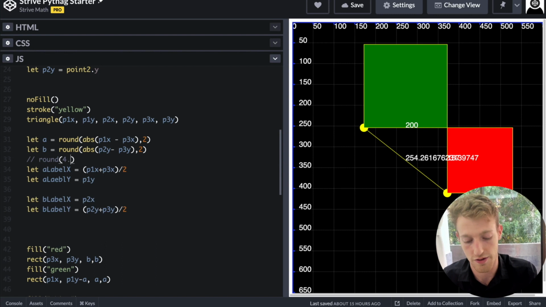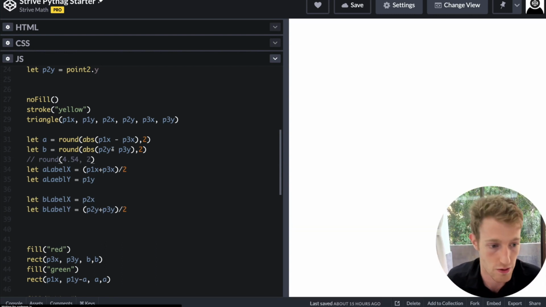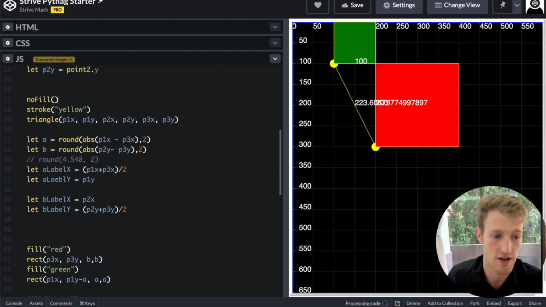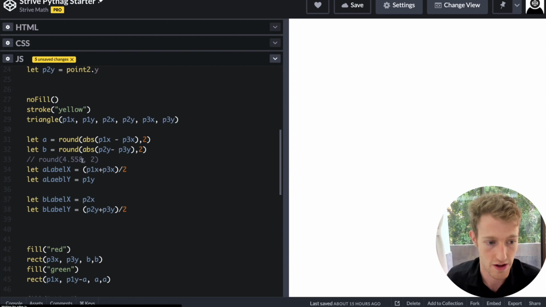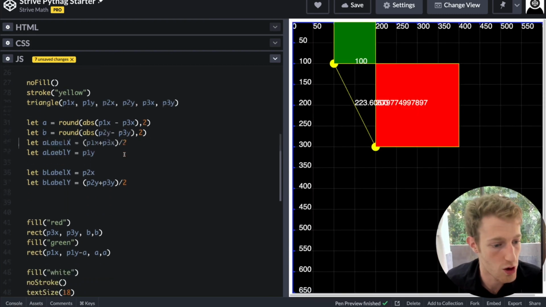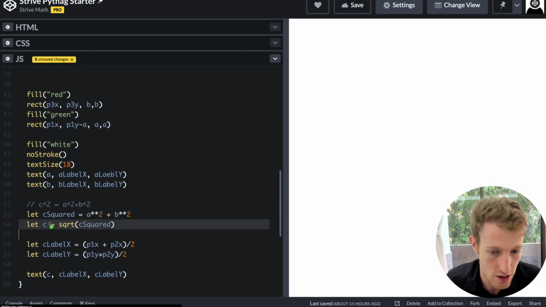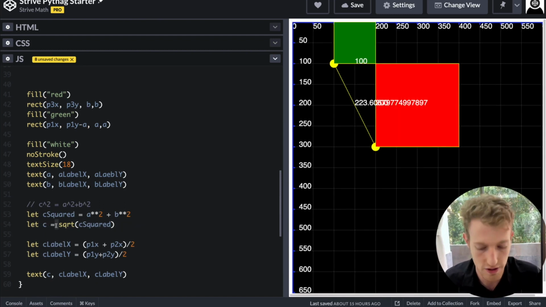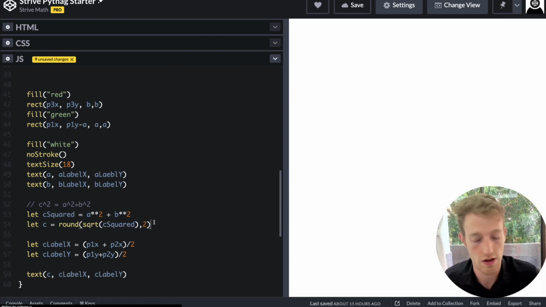The number, like 4.54, and then how many decimal places I want to round it to. This is already 4.54, but if I made this 4.548, it will round to 4.55 and take off the 8. So what we're now looking for is we have C, we're just wanting to round that. So we can simply say round the square root of C squared, and we can say 2.